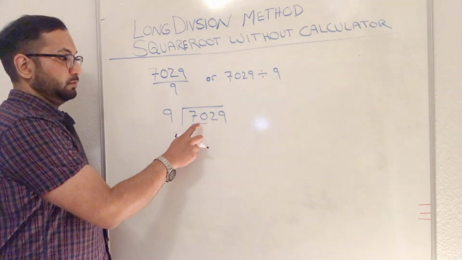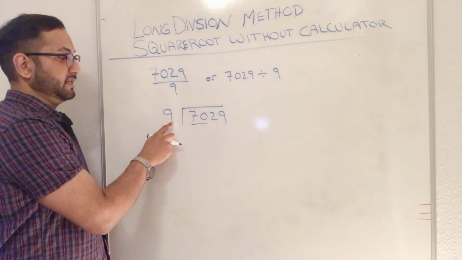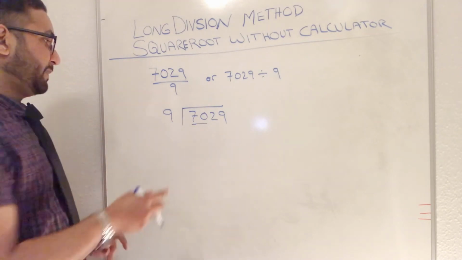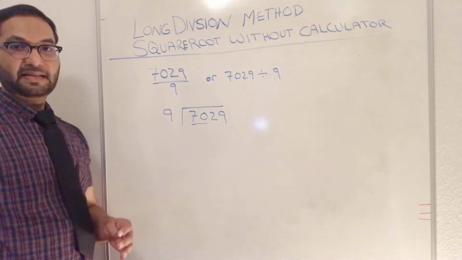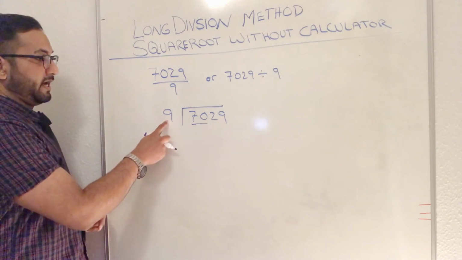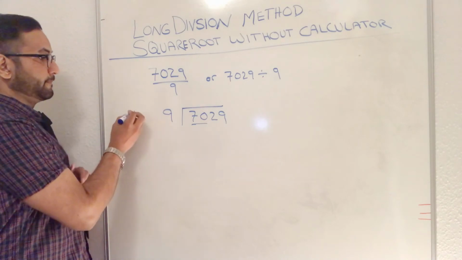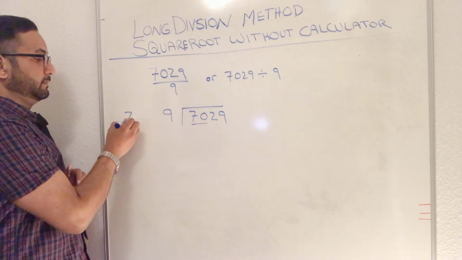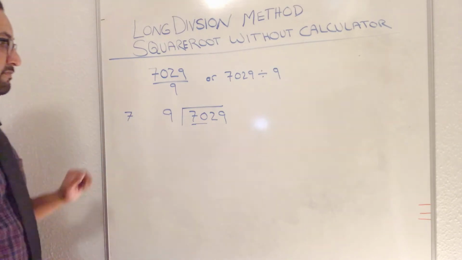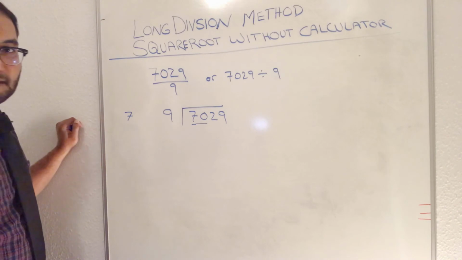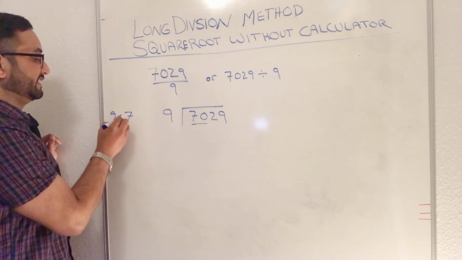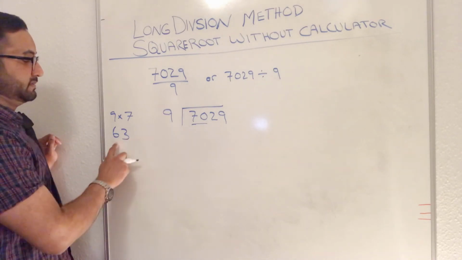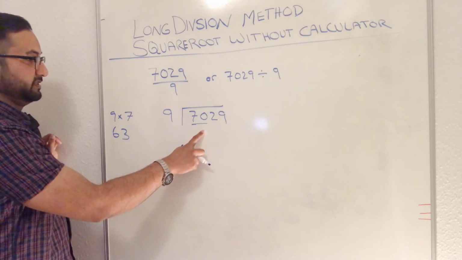Now we need to check how many 9s go into 70 or less than 70. 9 times 7 is 63, which is fine.